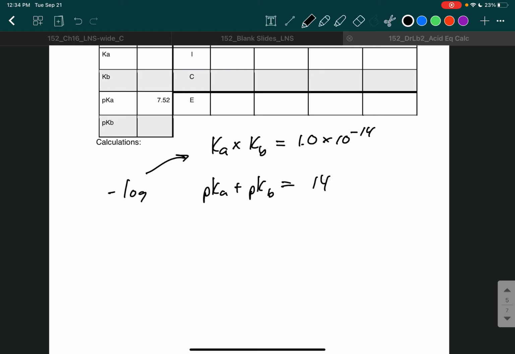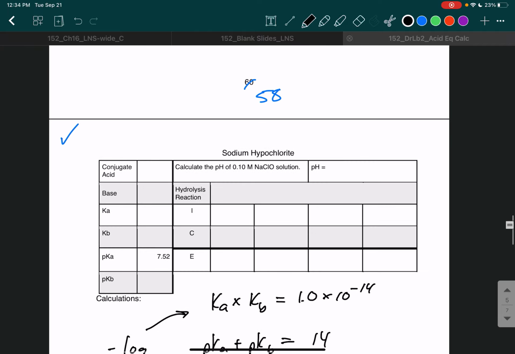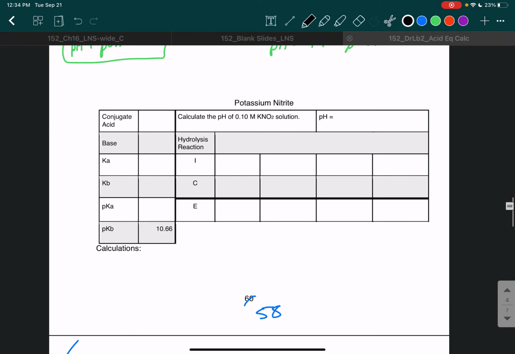So are all of these ICE tables going to look virtually the same? Yep. Yeah, since the ICE table looks the same, basically the quadratic formula looks the same.